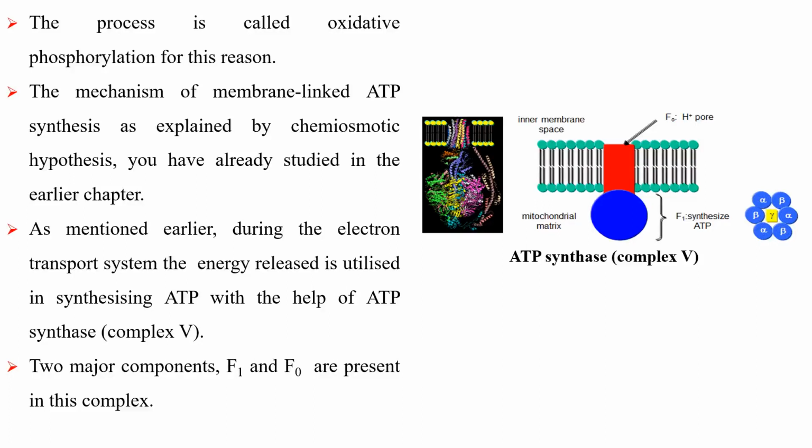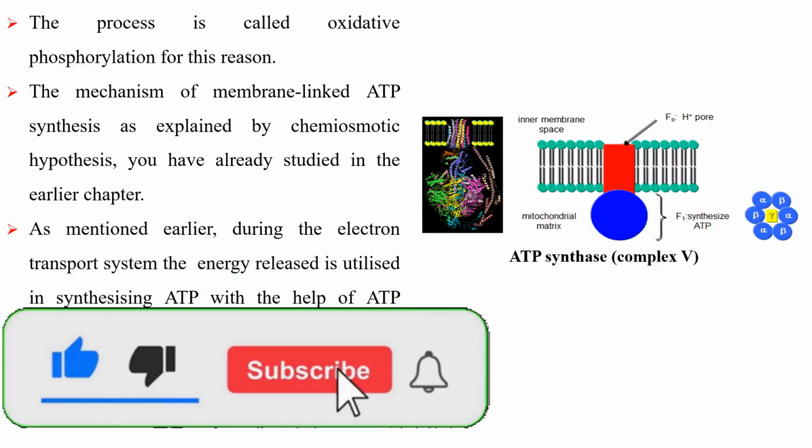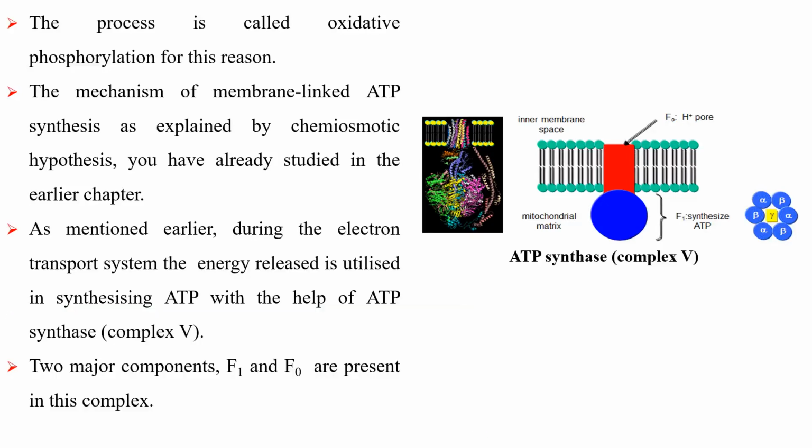The mechanism of membrane-linked ATP synthesis, as explained by the chemiosmotic hypothesis, you have already studied in the earlier chapter. As mentioned earlier, during the electron transport system, the energy released is utilized in synthesizing ATP with the help of ATP synthase. The two major components, F1 and F0, are present in this complex.